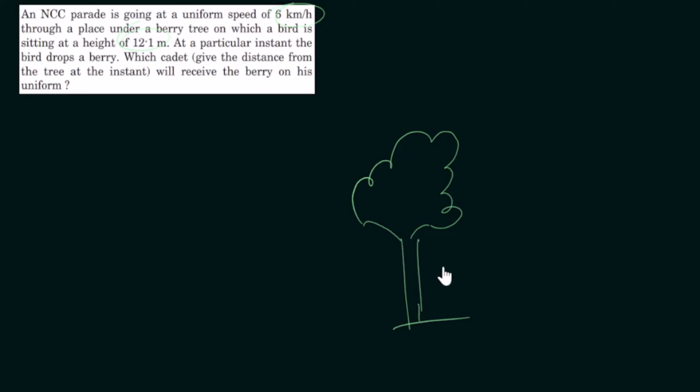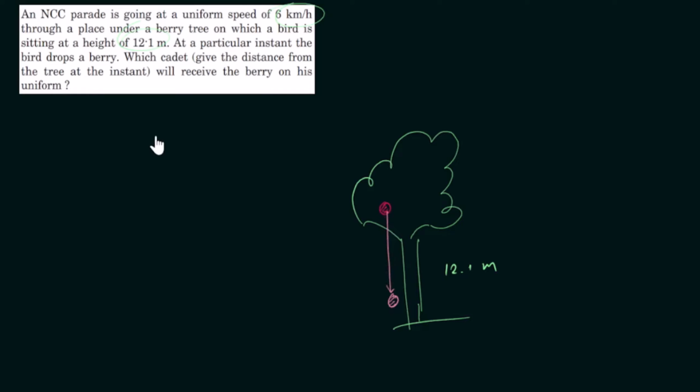Okay, so there is a tree. It has a height of 12.1 meter. Here consider a berry at 12.1 meter height. Now it is going to fall downward and will reach here. So we have to find the time for this particular drop.